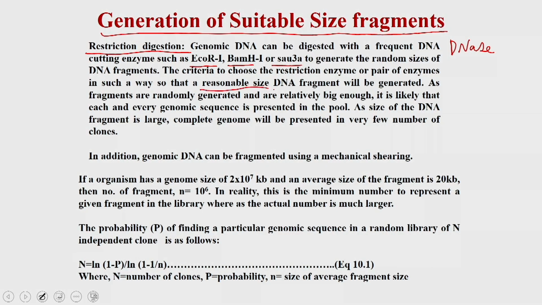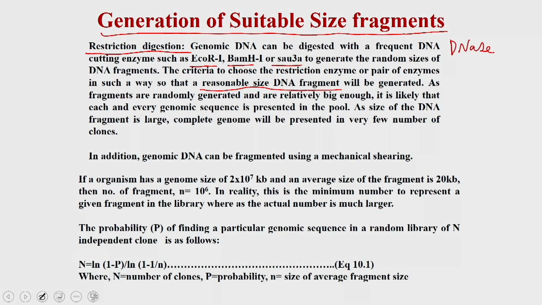Why is it important to have a suitable size? Because, as I said, if it is a fragment of very big size, you are going to have multiple genes in it. If you have a fragment of very small size, it will not represent even a single gene. It may have only a fragment of a particular gene.